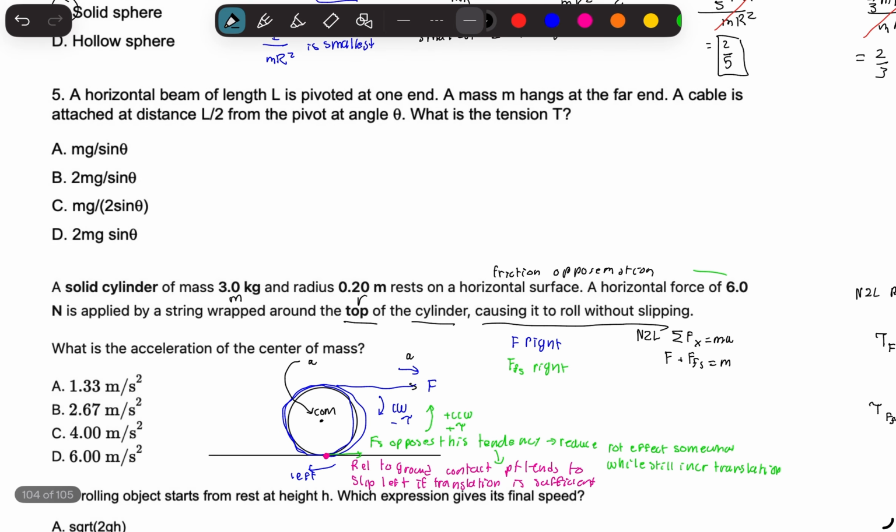A horizontal beam of length L is pivoted at one end. A mass M hangs at the far end. A cable is attached at a distance L over 2 from the pivot at an angle theta.